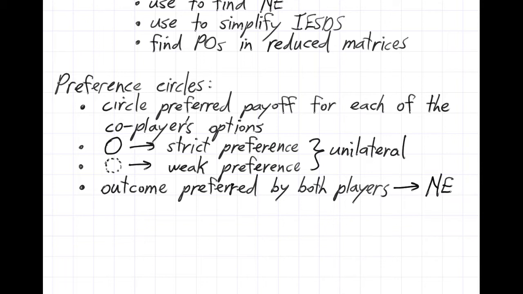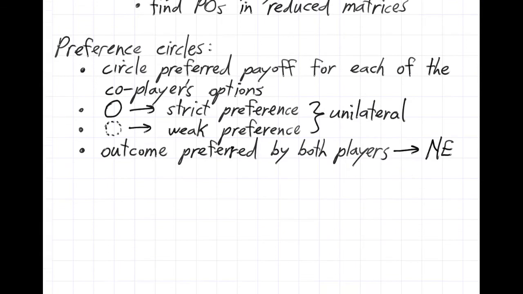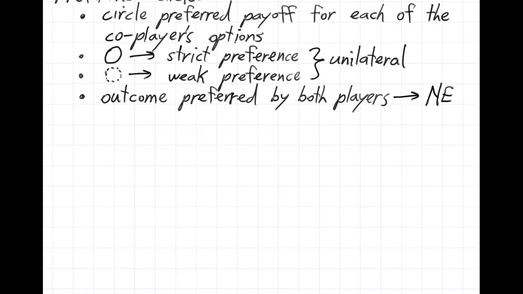So how does that translate into a Nash equilibria? Well, let me use red to indicate the row player. The row player could have a solid circle for any particular outcome, or possibly a dotted circle. And let me use blue for the column player. If both payoffs are circled, the column player could have a solid circle or a dotted circle.